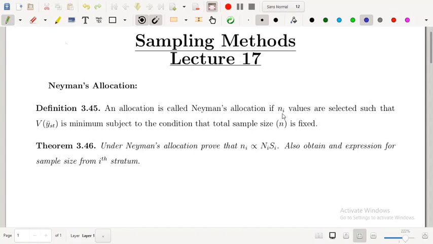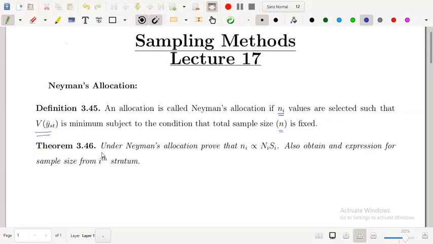Here ni means the sample size from the ith stratum. These ni values are selected such that the variance of Y bar st should be minimum, subject to the condition that total sample size n is fixed. So this is the definition of Neyman's allocation.